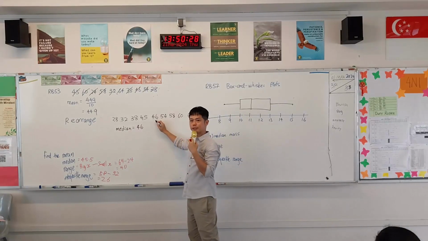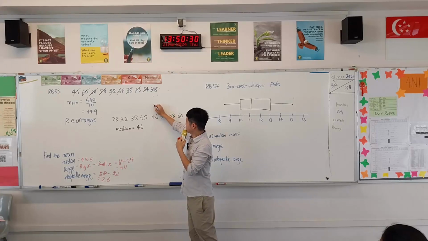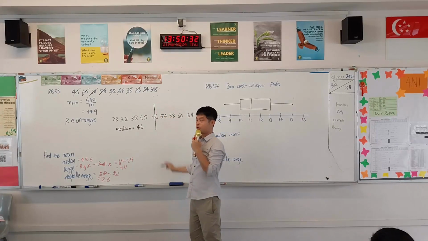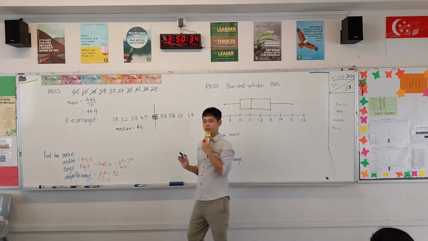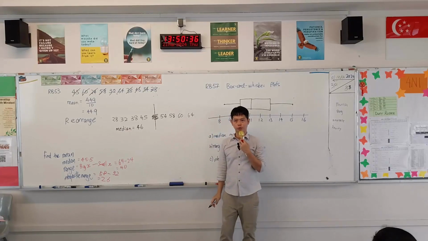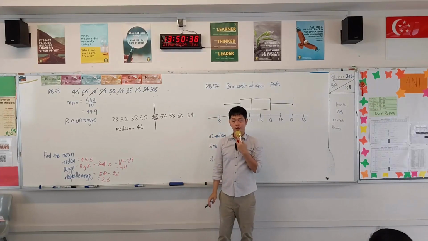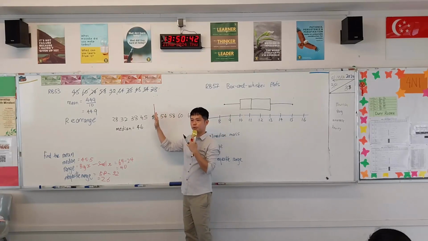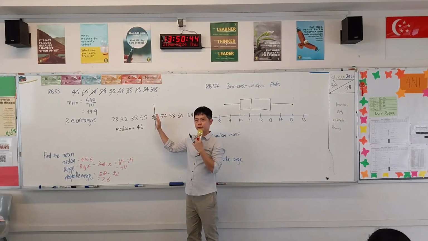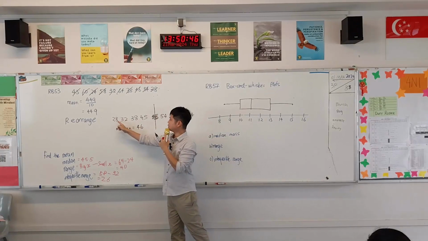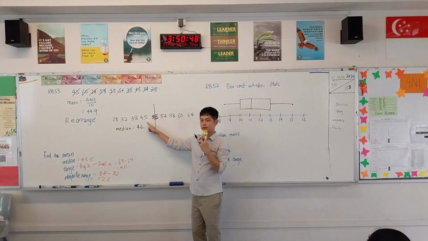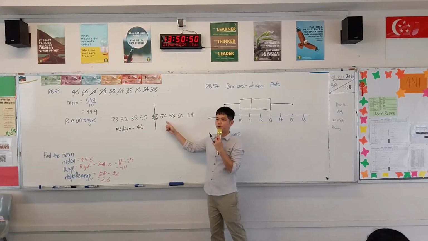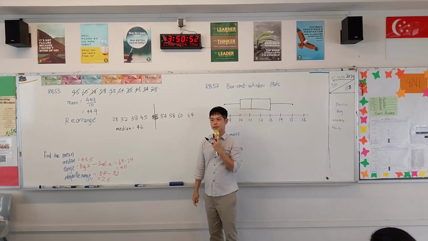Now when you have the 46, this is the middle. Please remove this number. Don't want it anymore. When you count later, don't count this number anymore. Previously, we still counted all the numbers, but because this number is already used for the median, the left side is left with 4 numbers. The right side is left with 4 numbers. Is that clear? Do not reuse the number.